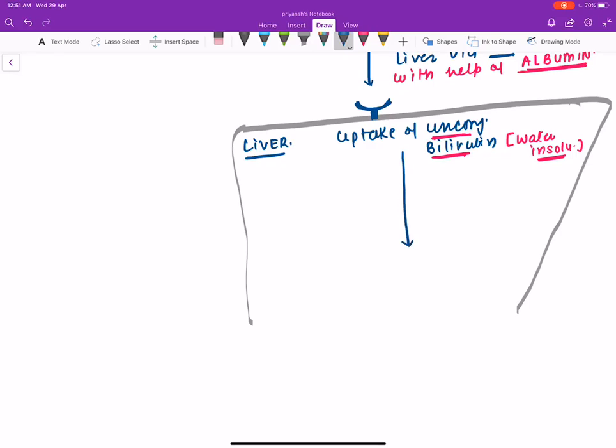To make it conjugated, we add an acidic sugar acid, that is glucuronic acid. We add the glucuronic acid molecule to unconjugated bilirubin so that it converts into conjugated bilirubin. Conjugated bilirubin is also referred to as direct bilirubin.